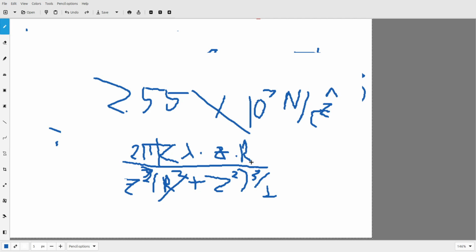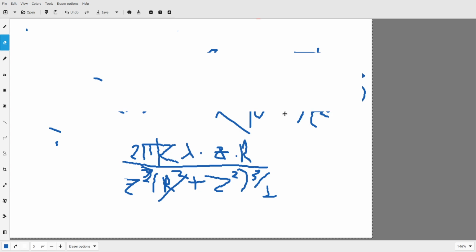Now 2 pi r lambda. Lambda is the charge density. 2 pi r is the length of the charge ring. The linear charge density times the length is just the charge. So 2 pi r lambda is q.